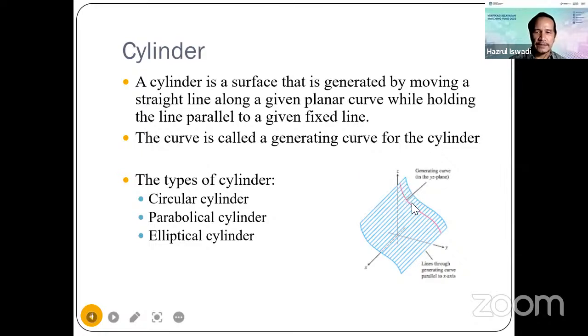So there is a curve, we call it generating curve, and we move the curve along a straight line. In this illustration, we have the generating curve as a red curve, and we move this generating curve along the x-axis.